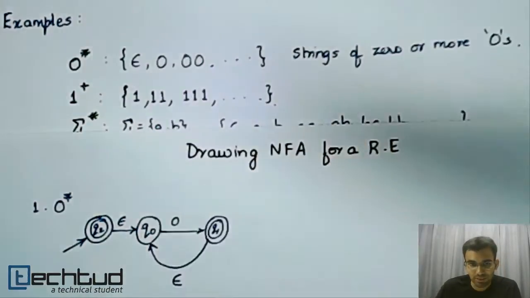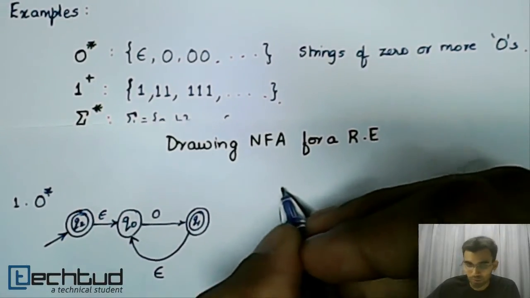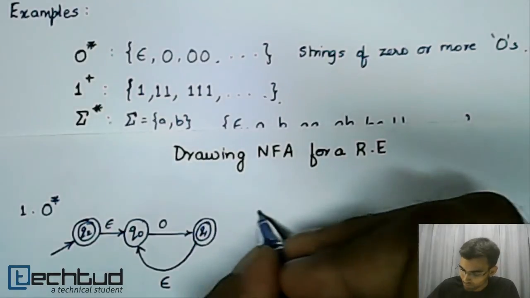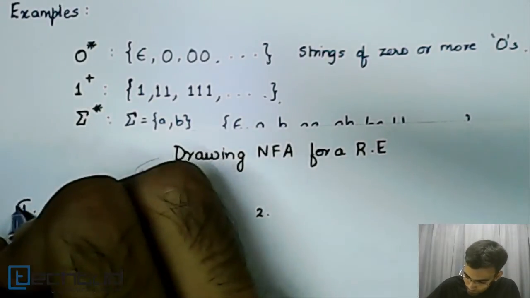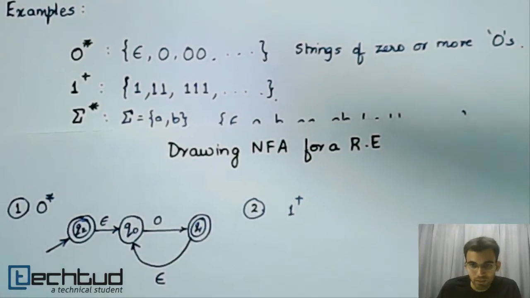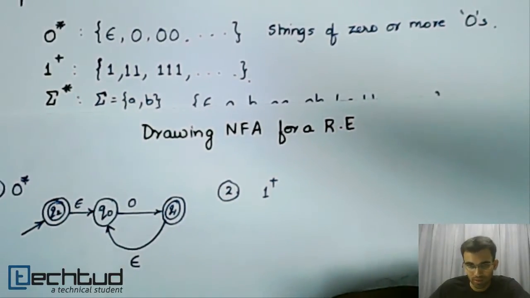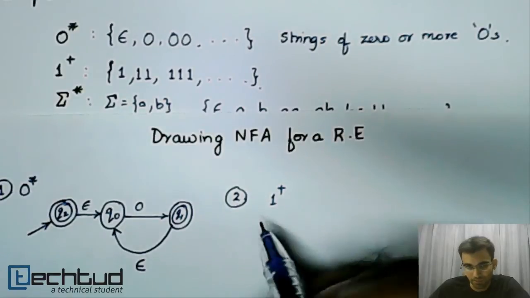The next example is 1 plus. So how do we draw the automaton for 1 plus? 1 plus accepts one or more occurrences of the regular expression 1.